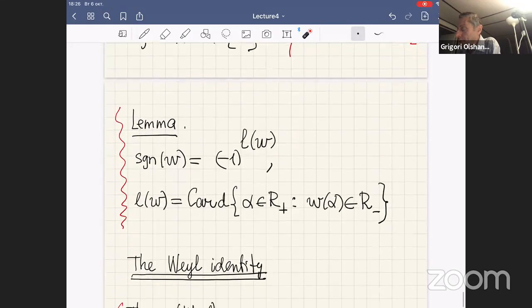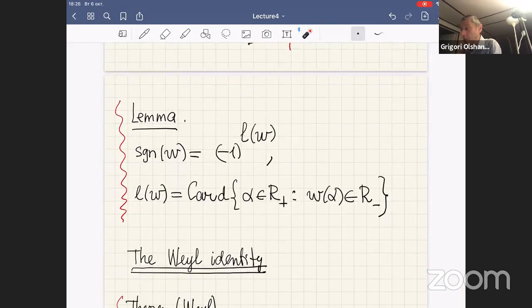And now a fundamental fact is as follows. The sign character can be interpreted as follows. This plus or minus 1 is in fact minus 1 raised to this power. This is the so-called length of the element of a Weyl group.